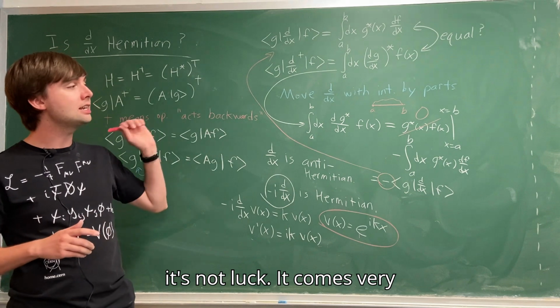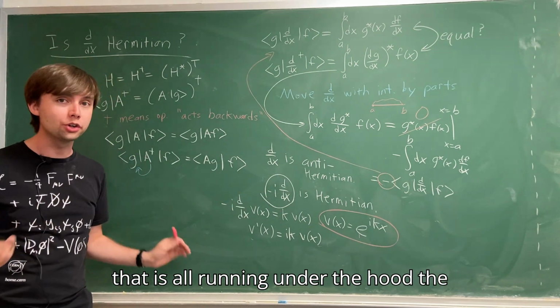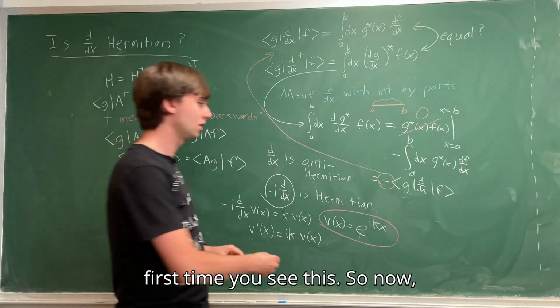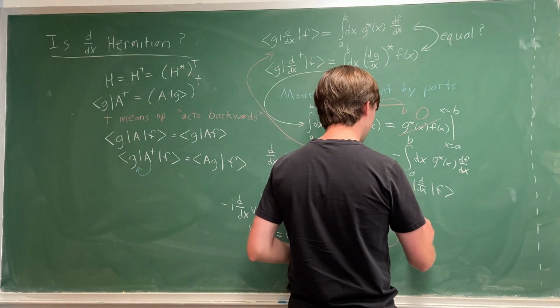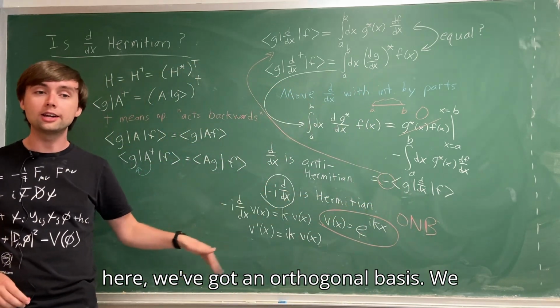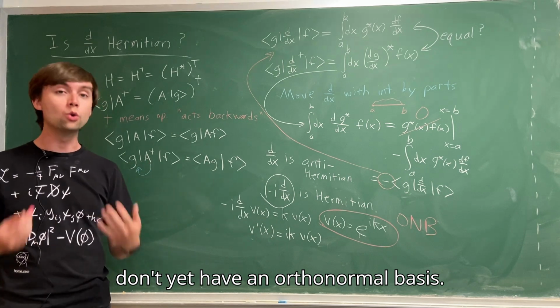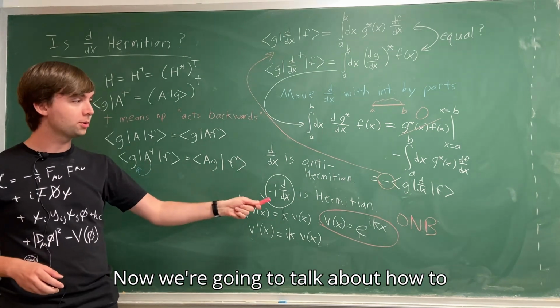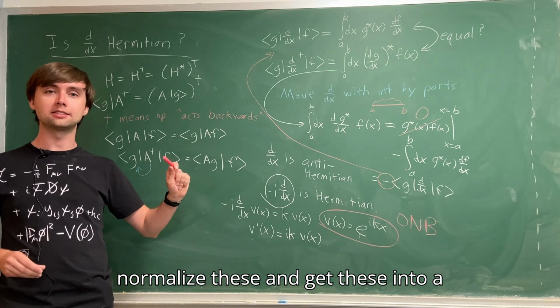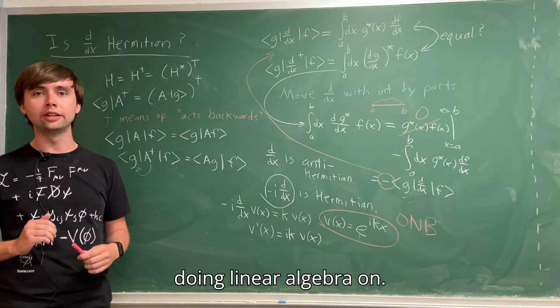It comes very naturally from the linear algebra system that is all running under the hood the first time you see this. So now, well, I'm overstating things a little bit here. We've got an orthogonal basis. We don't yet have an orthonormal basis. Now we're going to talk about how to normalize these and get these into a good, usable basis that we can start doing linear algebra on.